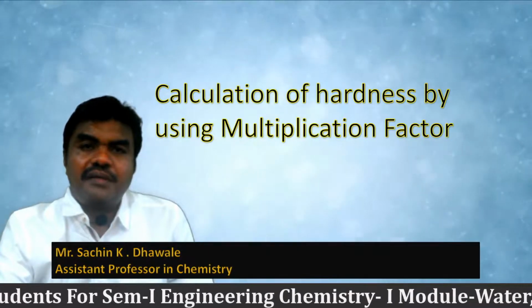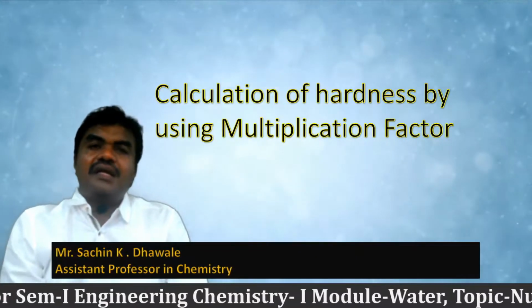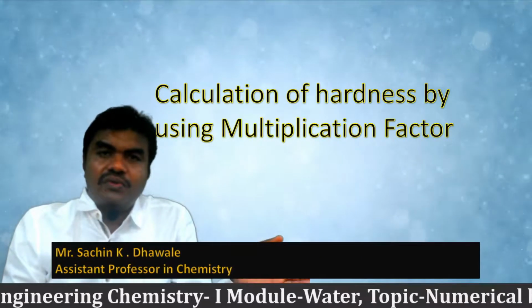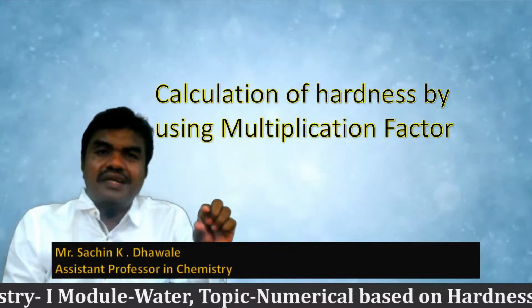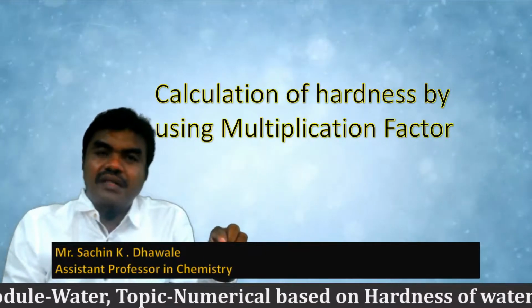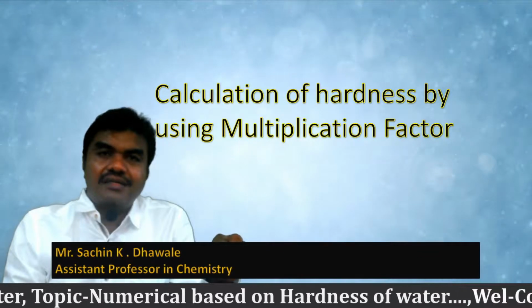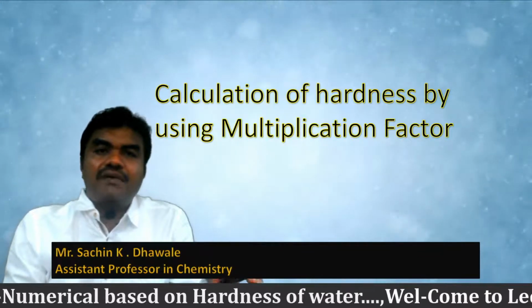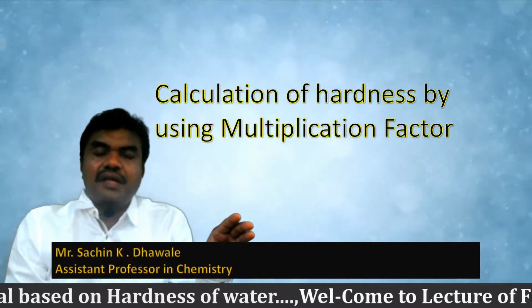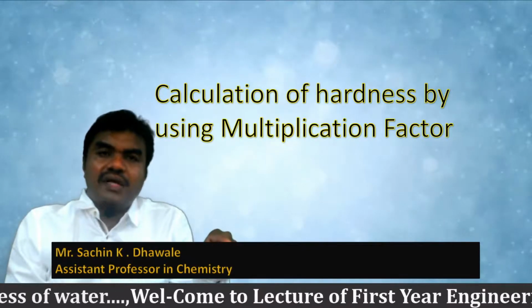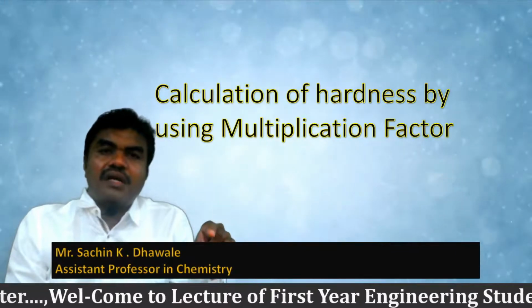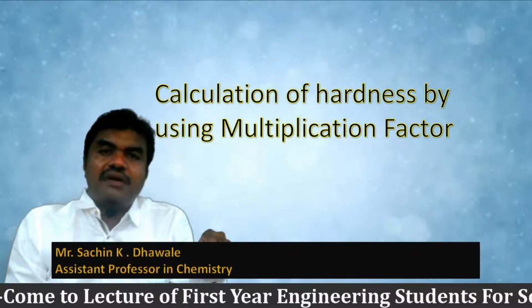In that calculation, it is important to know which type of salt causes temporary hardness, also called alkaline hardness or carbonate type of hardness, and permanent hardness, also called non-carbonate or non-alkaline type of hardness.